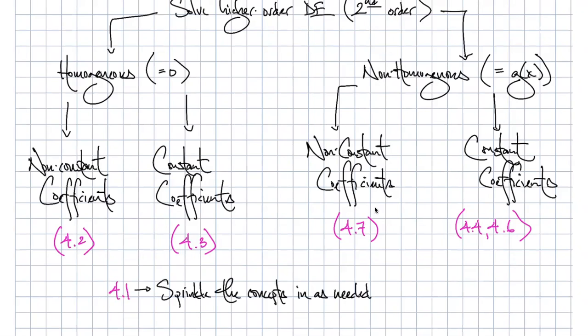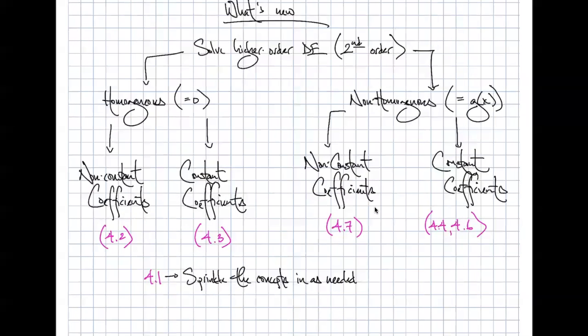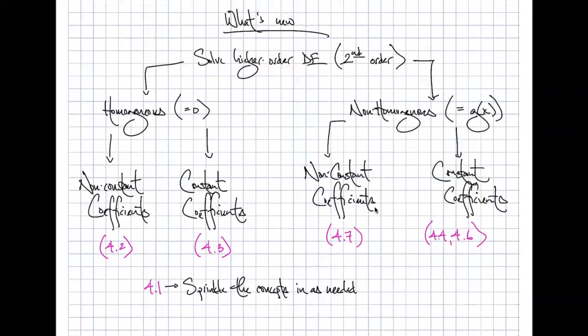So as we come to things that require us to unpack the concepts and the theory a little bit more that were in 4.1, we'll sprinkle them into 4.2, 4.3, 4.4, 4.6, and 4.7. And so that, my friends, is a roadmap of where we are headed in the next chapter.